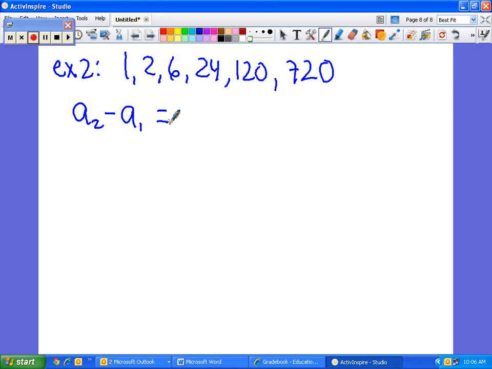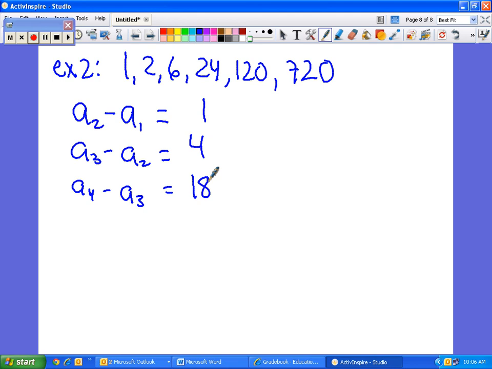So a sub 2 minus a sub 1 gives you 1. A sub 3 minus a sub 2 is equal to 4. And then a sub 4 minus a sub 3, in other words, this term minus this term, is 18.